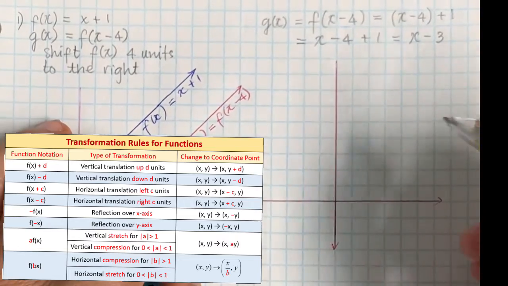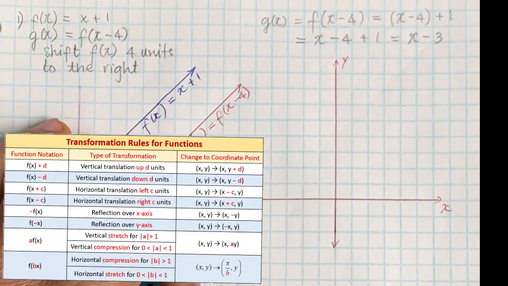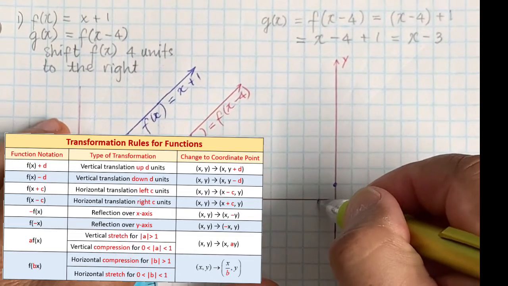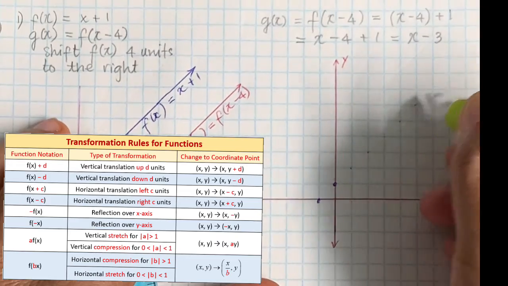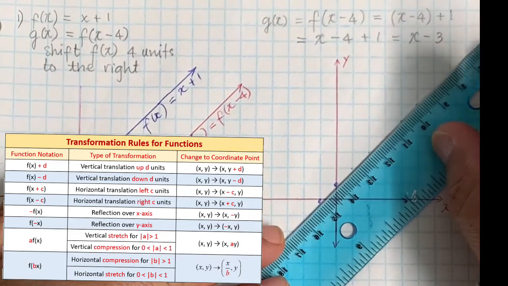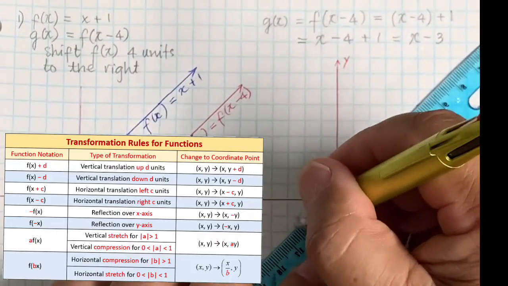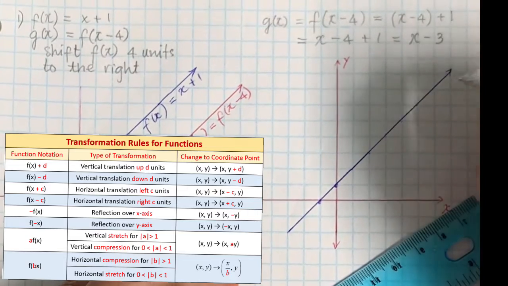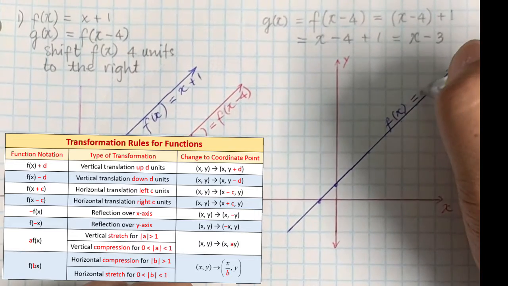So this is y and this is x. So f of x: first point's right here, the second point's right here, and you can plot some more to make sure you have an accurate graph. So this is f of x, which equals x plus 1.